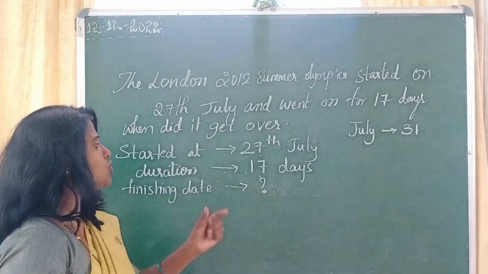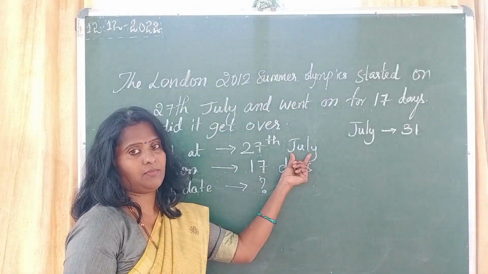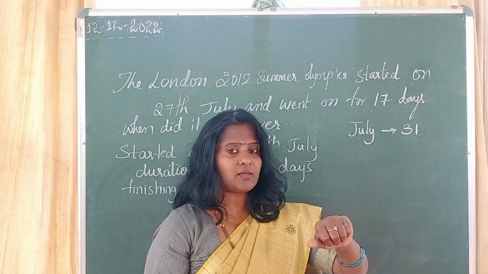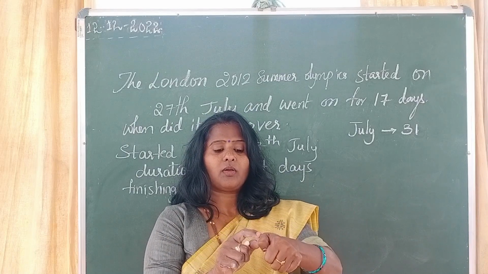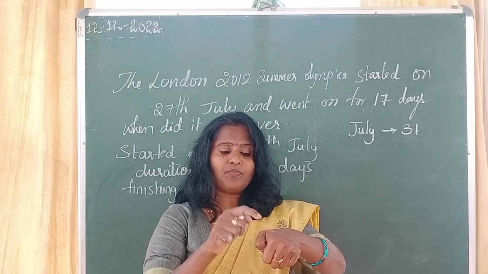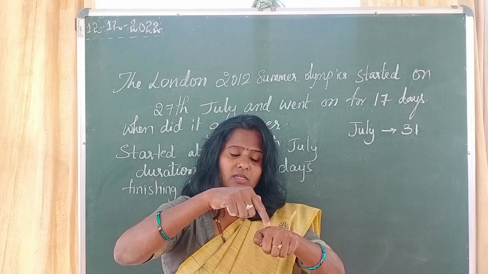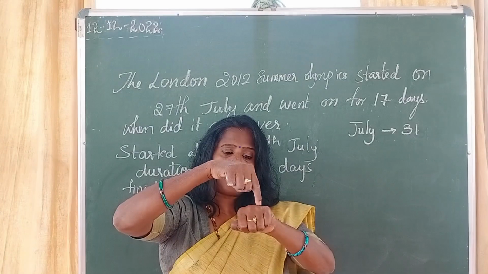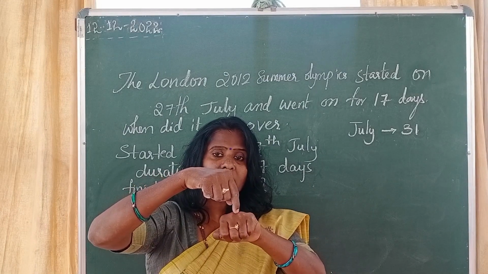So for this, first you should know what is the total number of days in the month of July. So you know how to find the number of days. One easiest method, you have to count this as January, next February, March, April, May, June, July. So the upside will give you 31 days and the downside will give you 30 days.